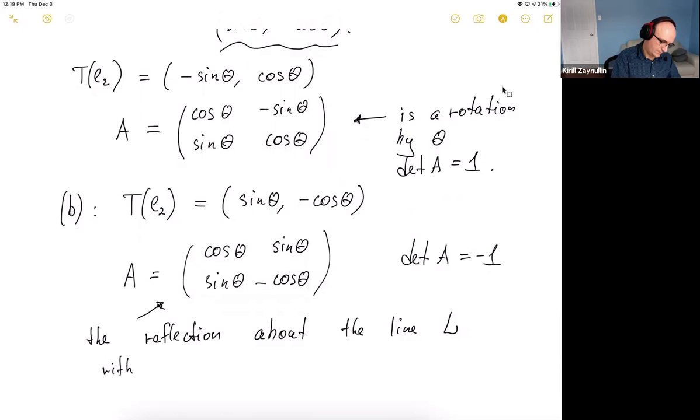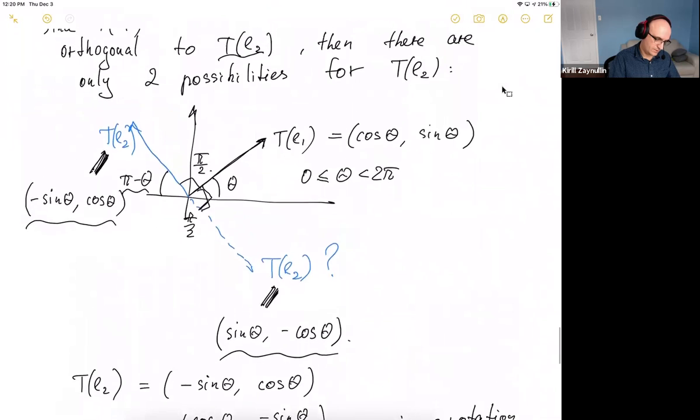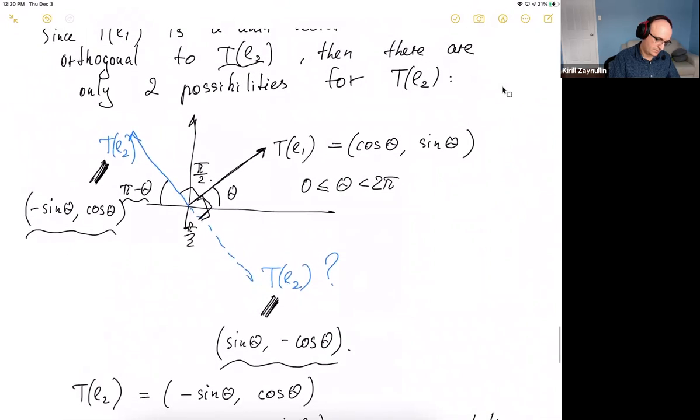The angle between L and OX equals theta over 2. And as I said, the determinant is clearly -1. So that's what's happening.